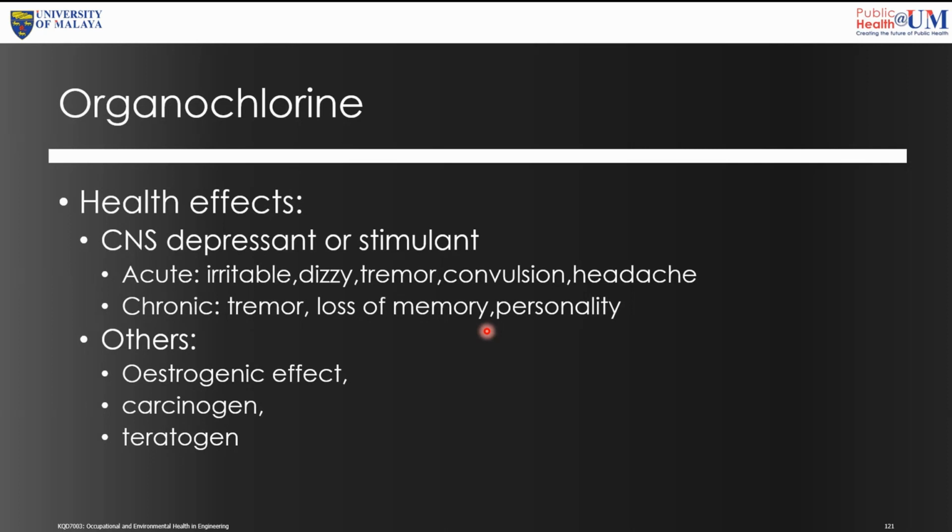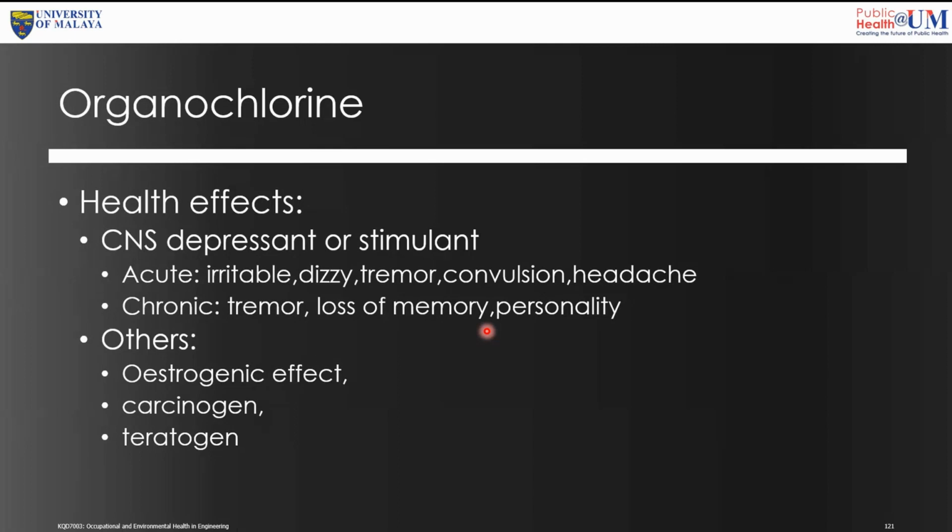Okay, estrogen is a hormone, like androgen. Androgen is the hormone for male, correct? Estrogen is the female hormone. So estrogenic effect is basically when the chemical looks like estrogen, and it has the effect of estrogen.